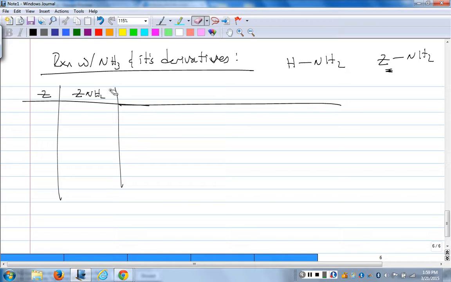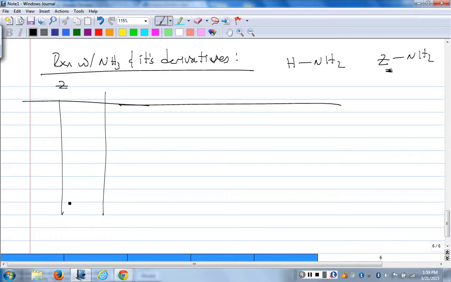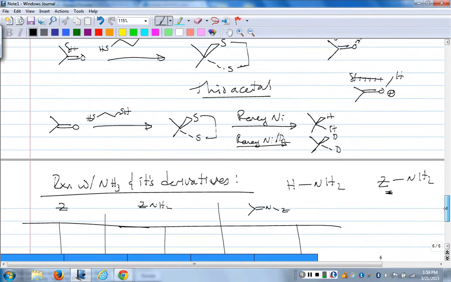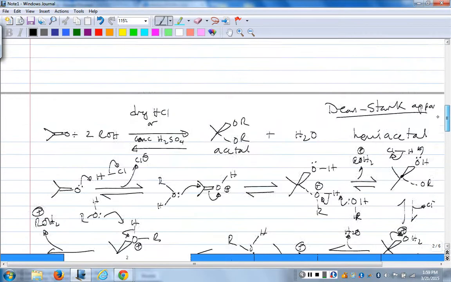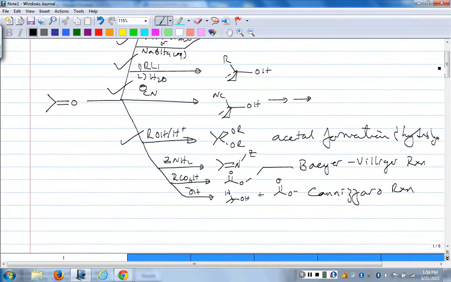Because I did write the equation for you, that the carbonyls react with a ZNH2 to form C double bond N, and then the Z.